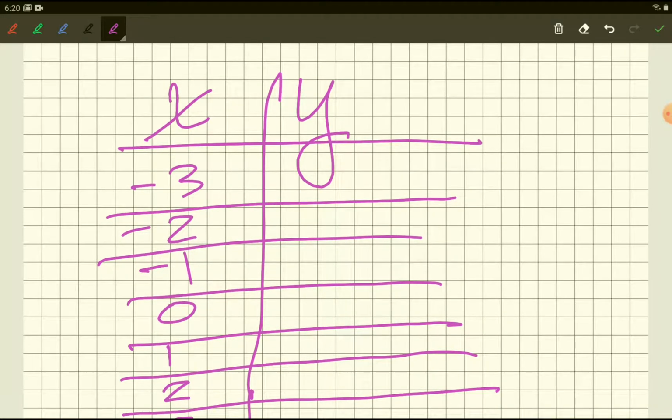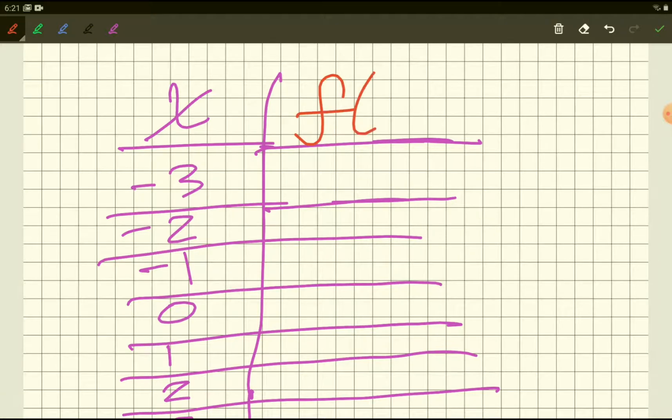Given, so whatever x values you plug in, let me actually put, there we go. I'm going to put this instead.